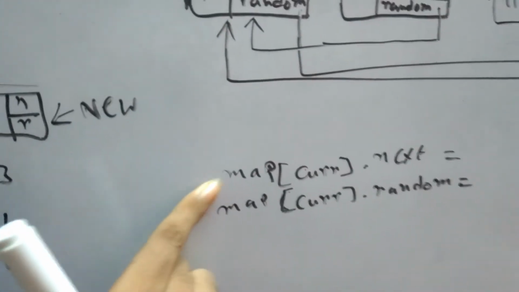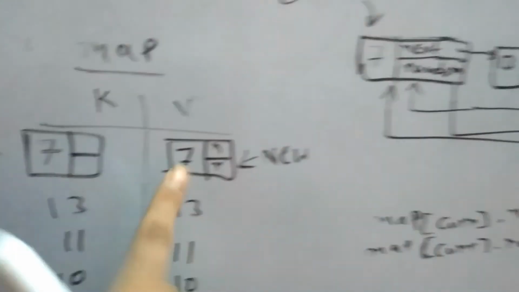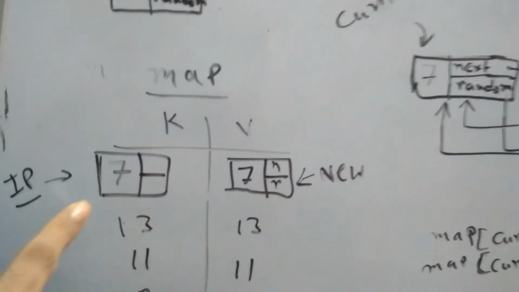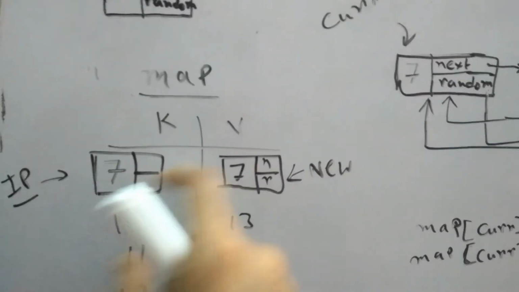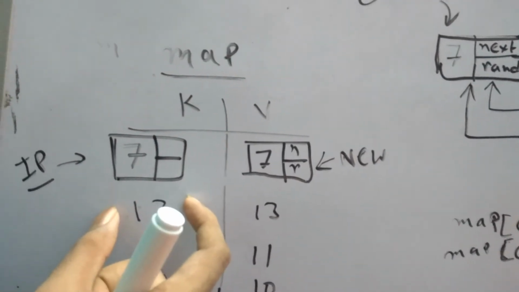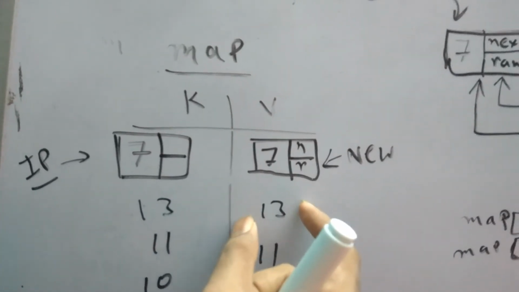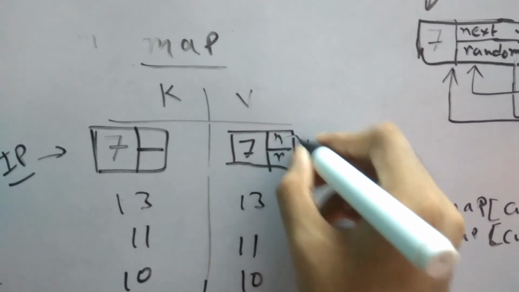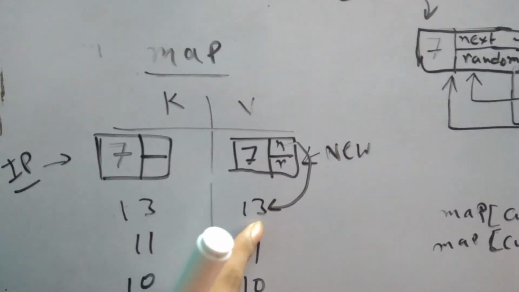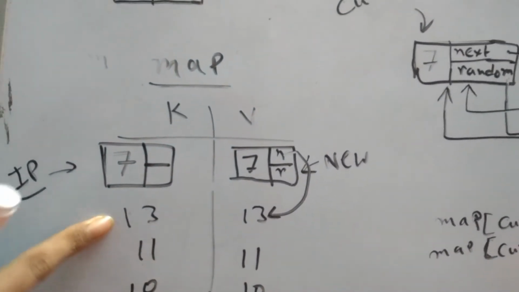So let's say we are at 7. We go to the map, we find the corresponding new node. So this new node's next will be pointing to this node's next, right? So how to find this node's next? Because the next node will be this node, we can straightaway go to this node in the key and return its value, which will indeed be this node. So by doing this we are connecting like this, because this new node's connection will be connected with the value of this node's key.